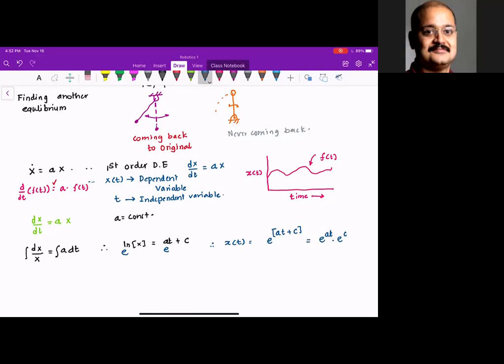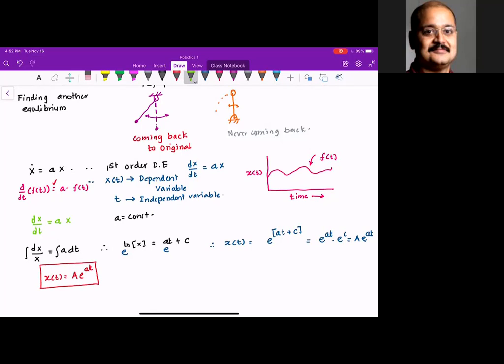So e to the power c is a constant. So this can be written as another constant, A, times e to the at. So what it means, the solution x of t is A e to the power at. Are you with me so far?